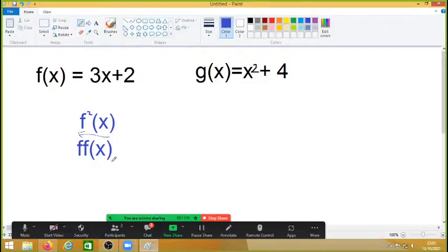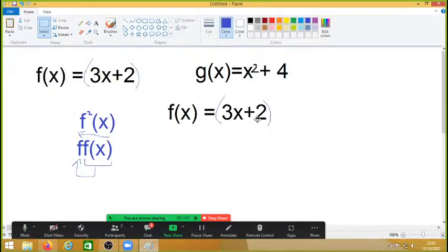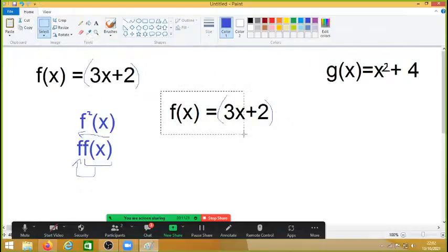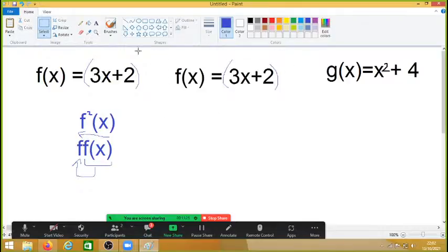So f twice means, let's read it backwards. I'm starting with the function f of x, that's 3x plus 2, and I'm putting it into another version of f. So what I need here in this case is another version of x. I can take the g of x and put it to the side. Now I just have to figure out whereabouts it goes.